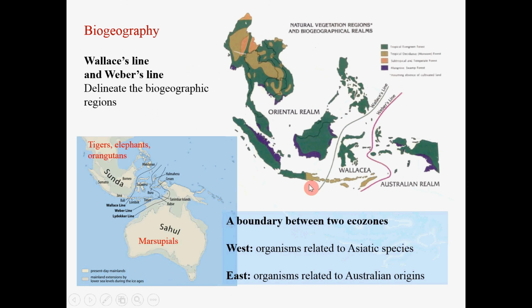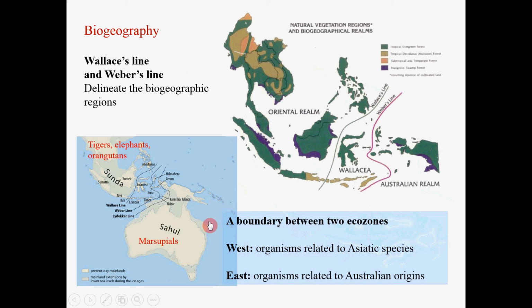So to the west of this line, the typical animals are tigers, leopards, elephants, bears, and monkeys, and so on and so forth. But to the east of this line, you see animals with pouches, marsupial kinds of animals. So this is really an important dividing line here. The reason that we have this important dividing line is that, look at this map.